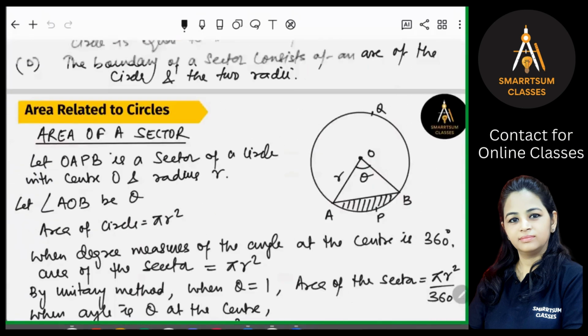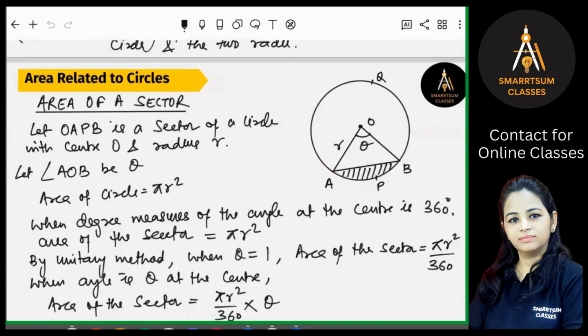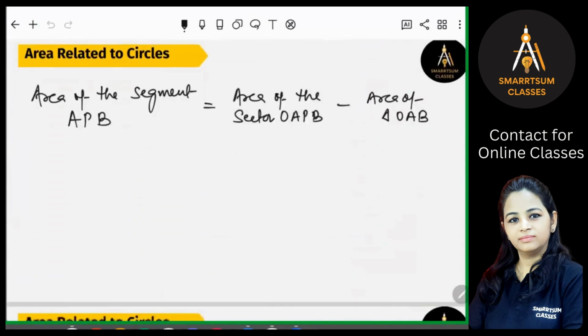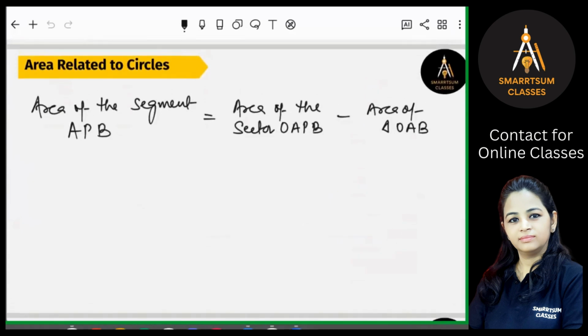Look at this figure again. The area of the segment APB will be the area of the sector OAPB, this smaller minor sector, and if we subtract from this sector the area of the triangle, we will get the area of APB. Yes or no? So to find the area of the segment APB, we have subtracted the area of the triangle AOB from the area of the sector.